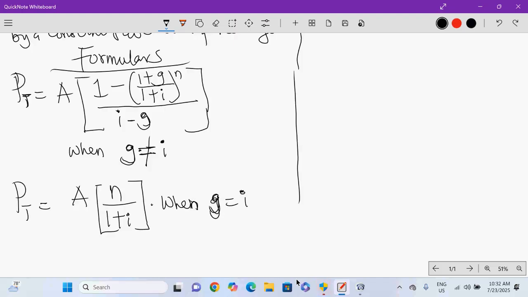The first one is when the growth rate is not equal to the interest rate. Note that g is equal to the growth rate. So let's take an example.